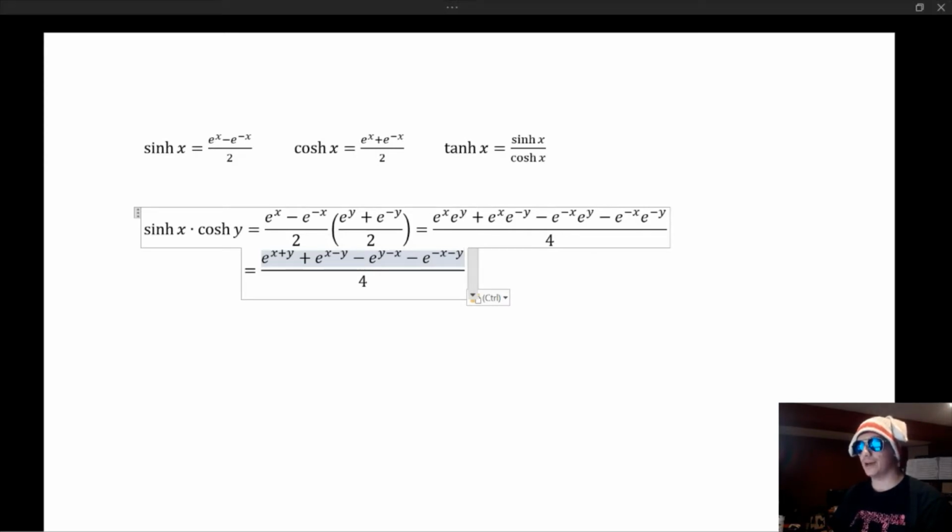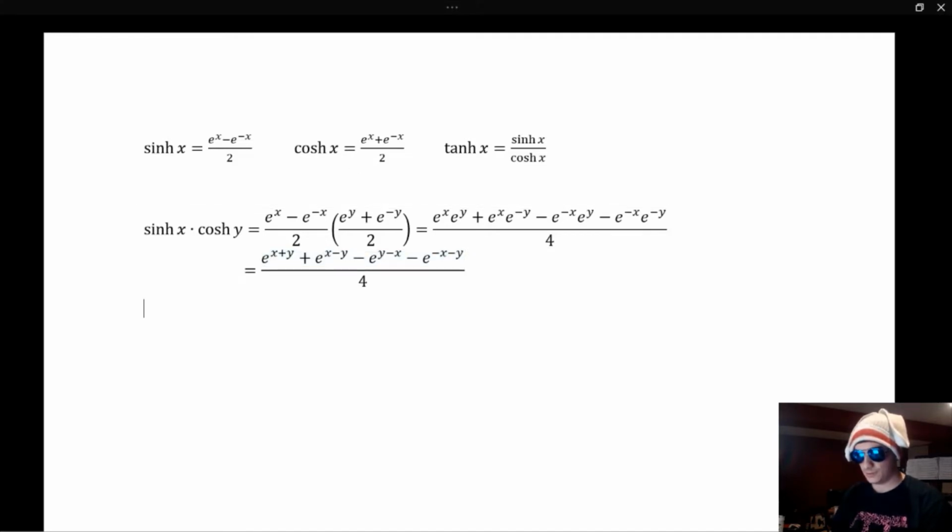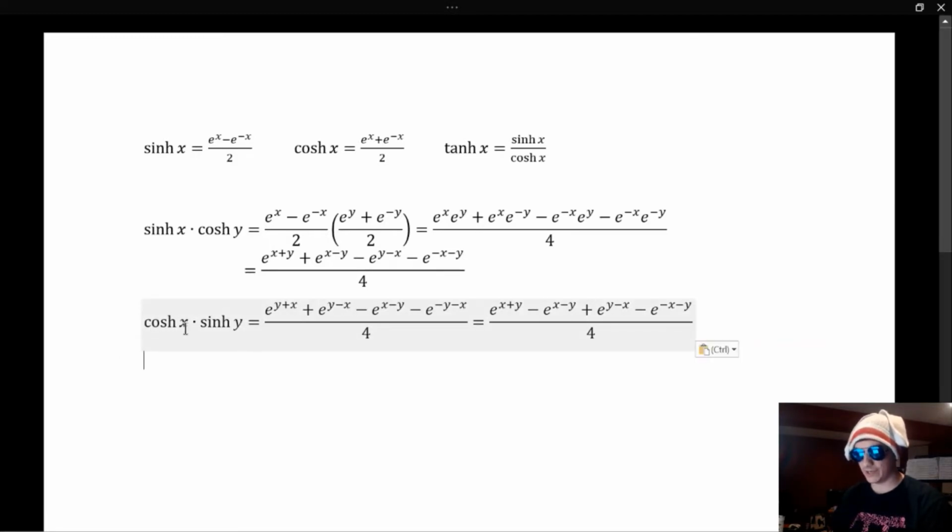Now that we're done that, we can look at the opposite of this. What we're going to do is multiply cosh of x and sinh of y. All this is doing is just switching the variables around, because this is equal to cosh of y, sinh of x, if you just change x to y and y to x.